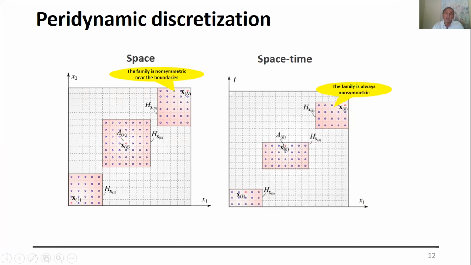So it's going to be always non-symmetrically located. Whereas in the case of space discretization, this point here may have a symmetric position within the interaction domain, whereas near the corner, you're going to have a non-symmetric position.